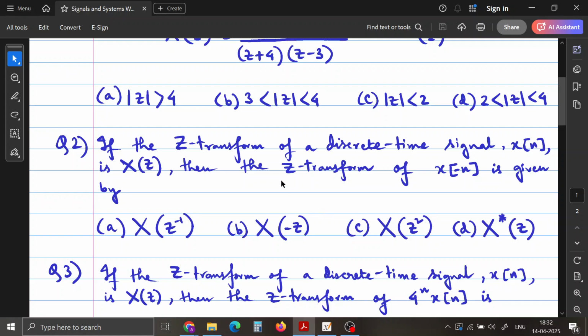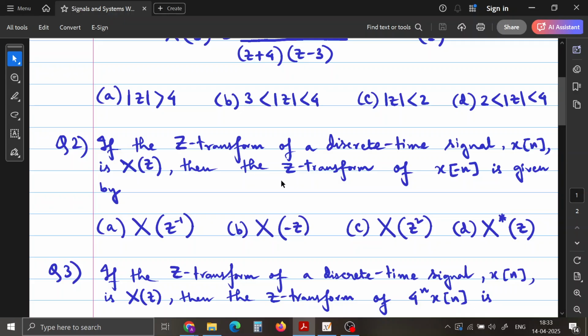I hope the properties of Z transform have already been discussed in the lectures. So this will be like a review of that. This is one of the properties of Z transform which should be familiar to you. Particularly this is the time reversal property of Z transform. And we have looked at the time reversal property before as well in the context of other transforms like the Fourier transform, Laplace transform and so on.